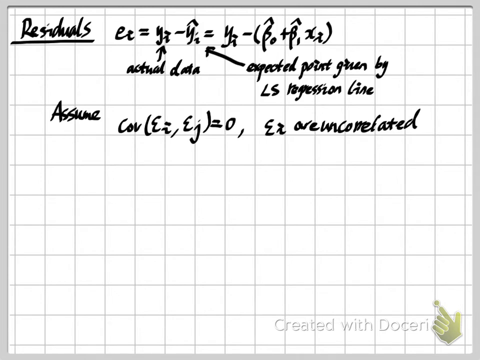We call it a random noise. So random means our epsilon i, the error term, are uncorrelated with each other. Or in other words, if we compute the covariance of our epsilon terms, the error terms, it should always equal 0 for any i and j.